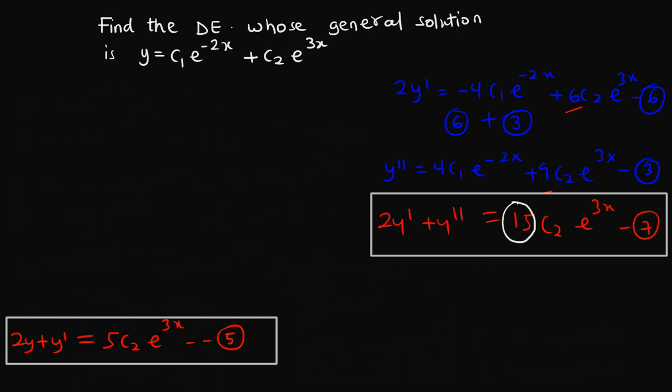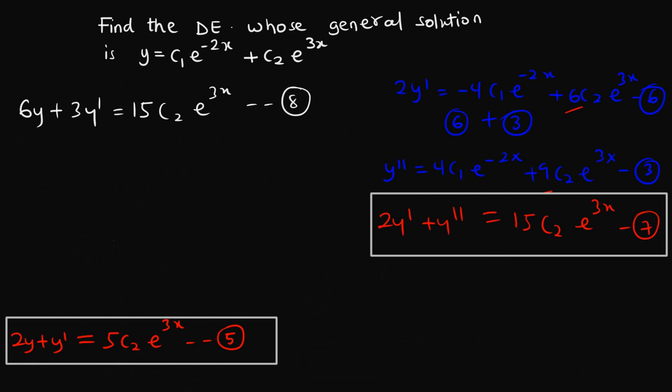I'll multiply equation 5 by 3, then I'm going to have 15 as the coefficient of c2 e to the power 3x. So this will give me 6y plus 3y prime, and this will be equal to 15 c2 e to the power 3x. Let's name this equation 8.